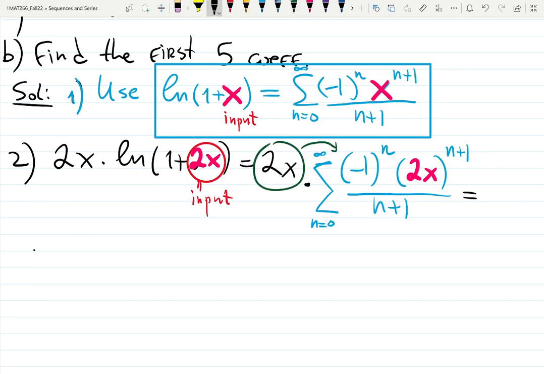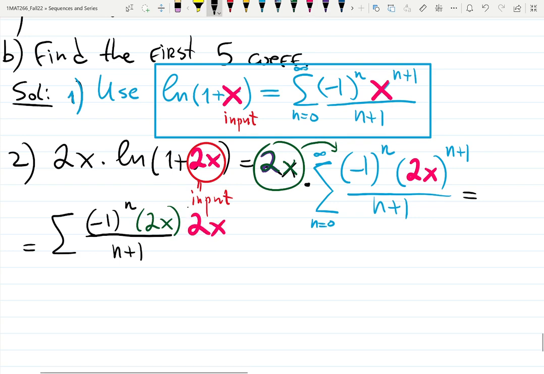So equal sign, I will have this sum, the fraction. Don't touch minus 1 to the n. Don't touch n plus 1. That is already done for you. What is new is, in green color, 2x. Come on, I said green. Green color 2x will be now inside, and then the pink 2x is still there, right?